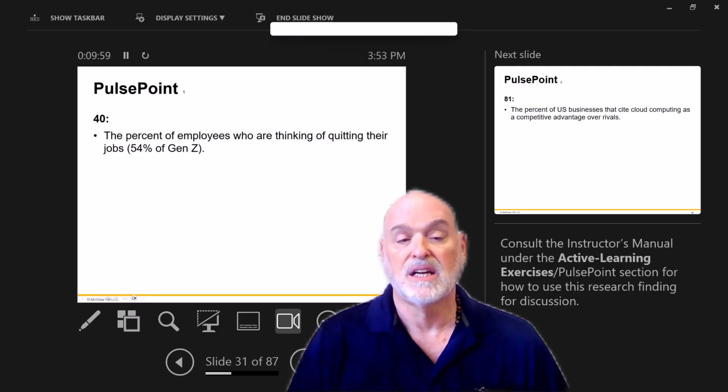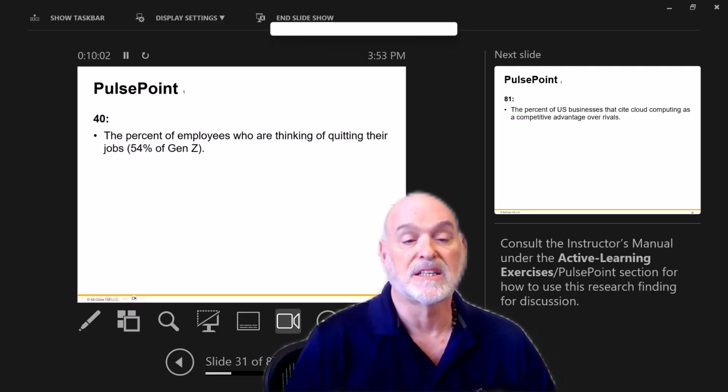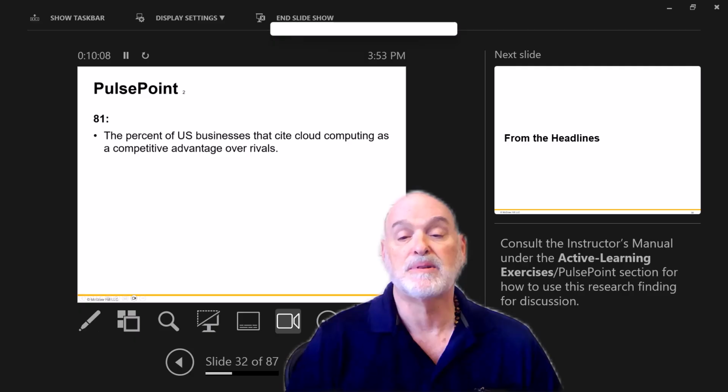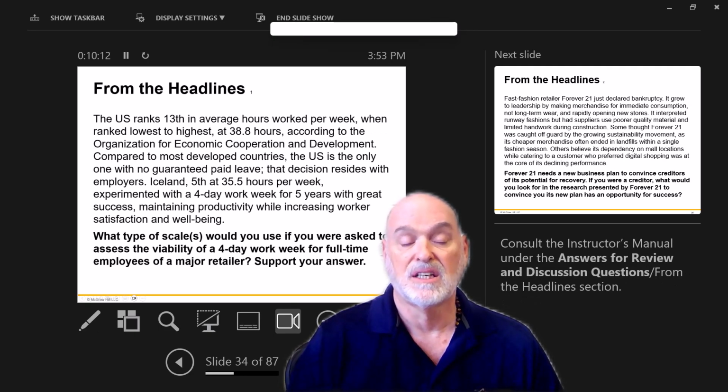Pulse point. The percent of employees who are thinking of quitting their jobs: 40% of Gen Z. 81% of US businesses cite cloud computing as a competitive advantage over rivals. From the headlines, the US ranks 13th in average hours worked per week, when ranked lowest to highest, at 38.8 hours according to the OECD, compared to most developed countries.